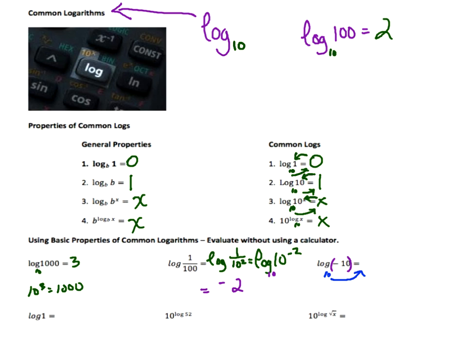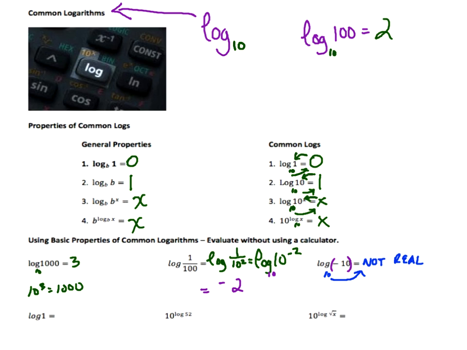So you can just write not real. We're not going to talk about imaginary exponents and things like that, don't even worry about that, just put not real. It's not undefined. It is defined, it's just not real. So you're going to write not real for things like that.